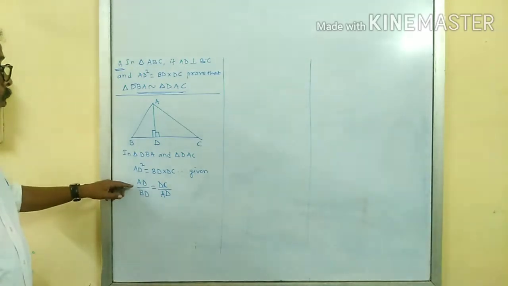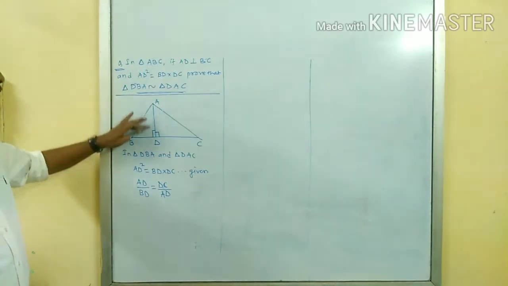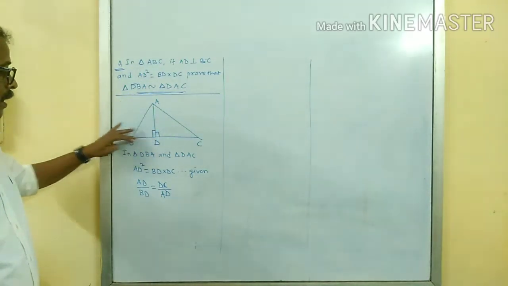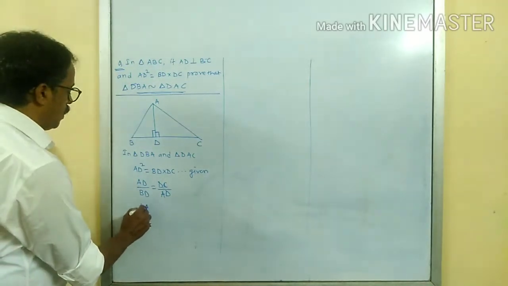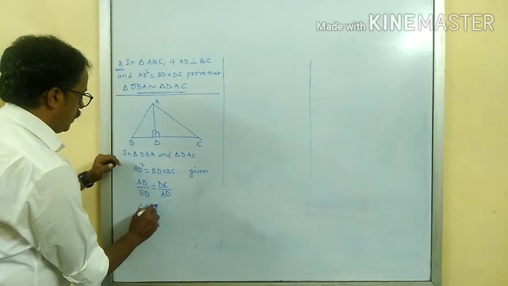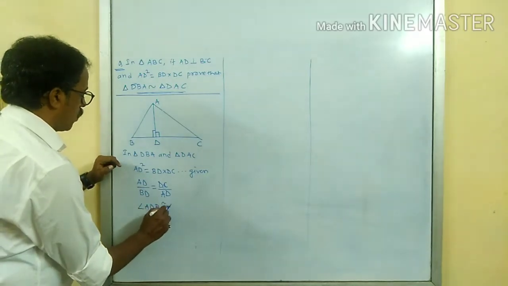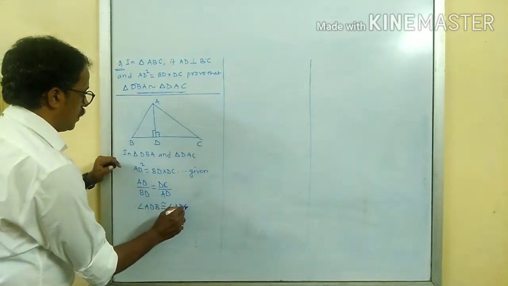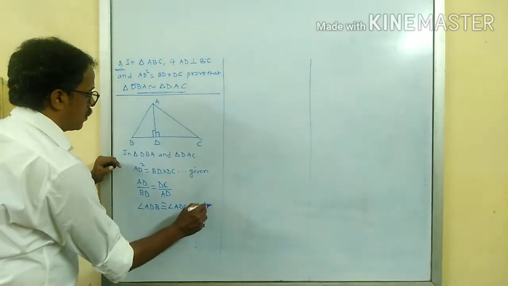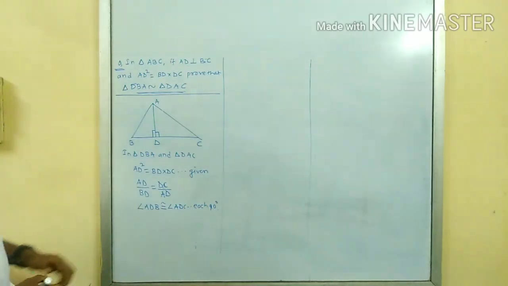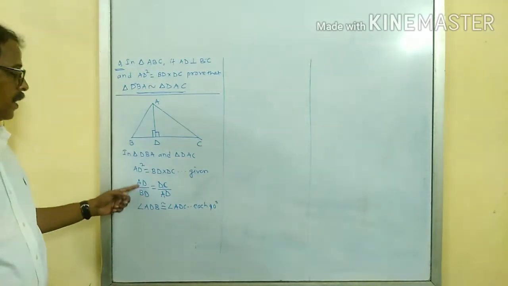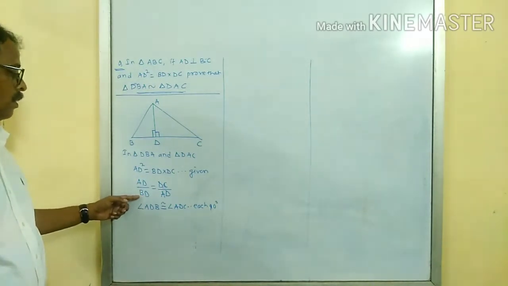Right? And what about the angle? Angle ADC and angle ADB are right angles. Angle ADB is congruent to angle ADC. Each is 90 degrees. So what can we say about these two cases now?